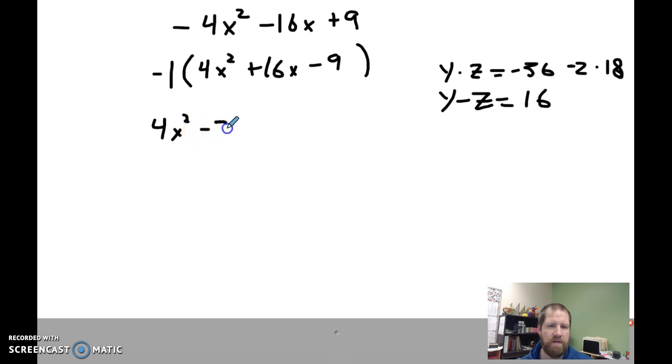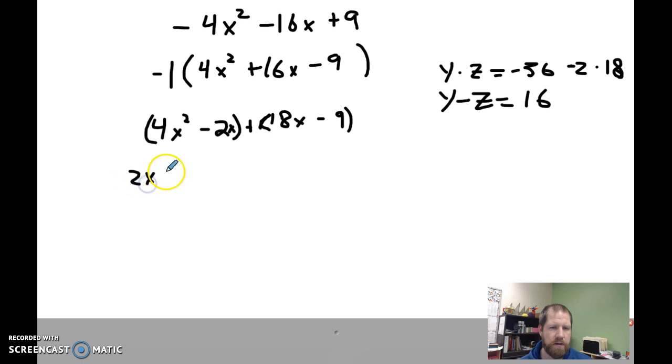4x squared minus 2x plus 18x minus 9. The greatest common factor here is going to be 2x.